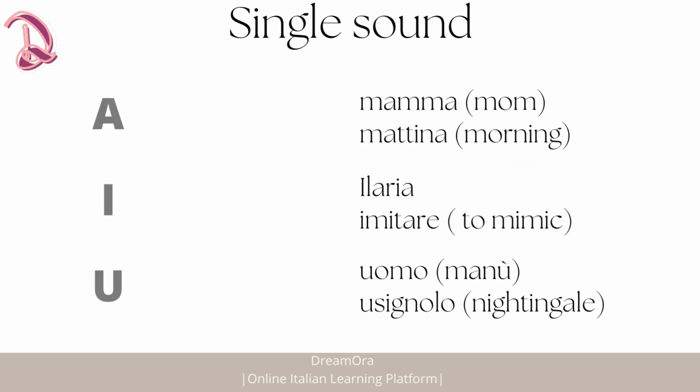So now let's take a look at some examples. So we have the single sound A, I, U, and there is no double sound for these three vowels. So A, I, U. Now for the A sound we have mamma or mattina.